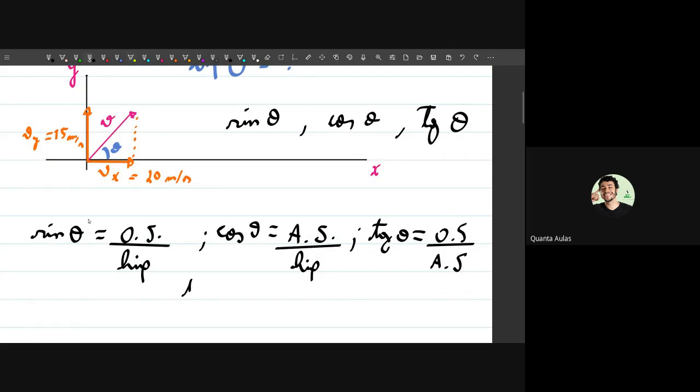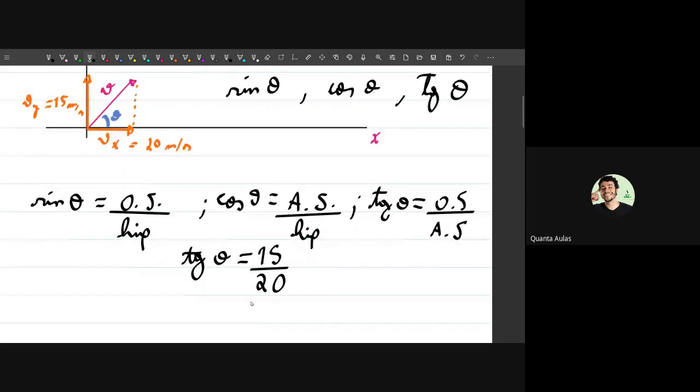So tangent will be opposite side, 15, over 20. But you need to remember, we don't want to know the tangent. We want to know the angle. So you will use the tangent to obtain the angle. Okay?